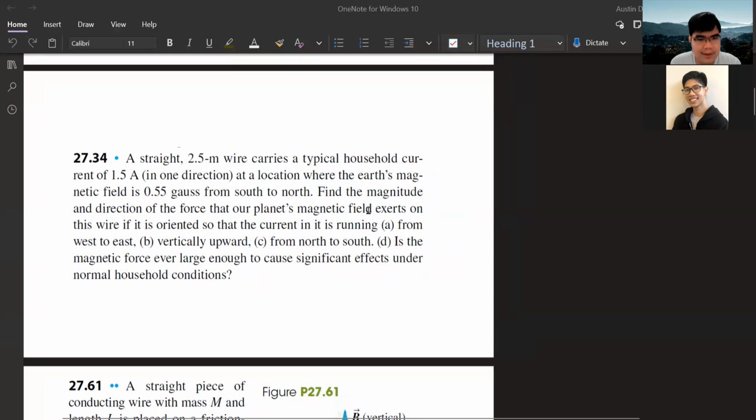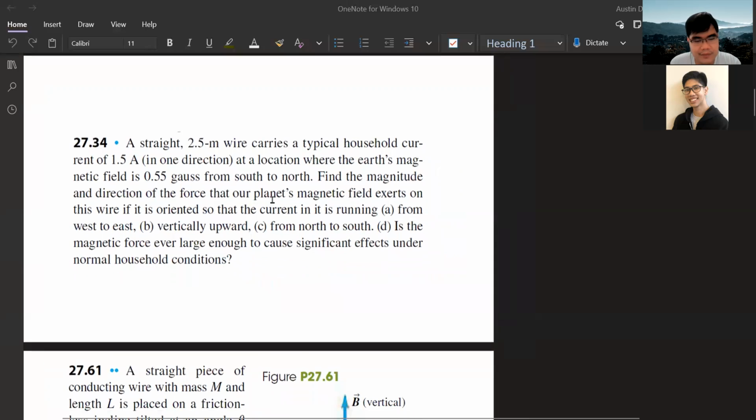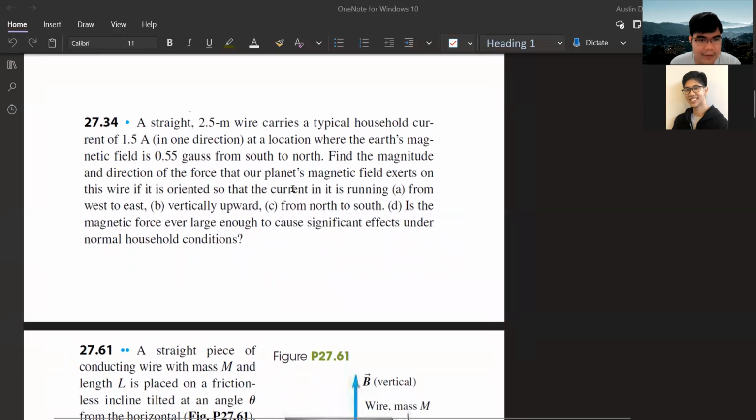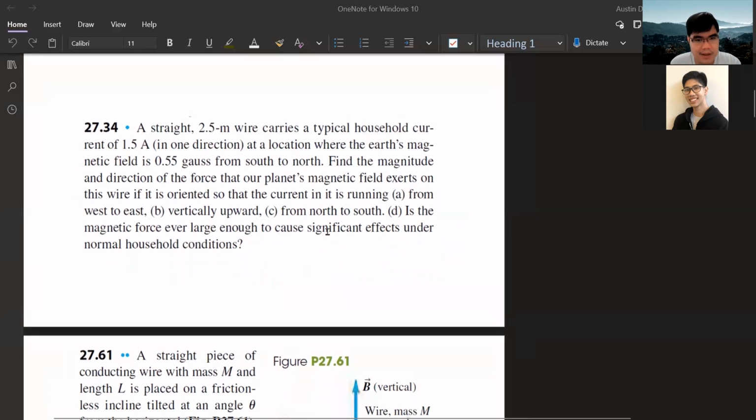And then, what is the magnitude and direction of the force na ina-exert nung magnetic field doon sa current if it is running from west to east, vertically upward, and then from north to south? Then letter D would be asking if it is negligible or hindi.